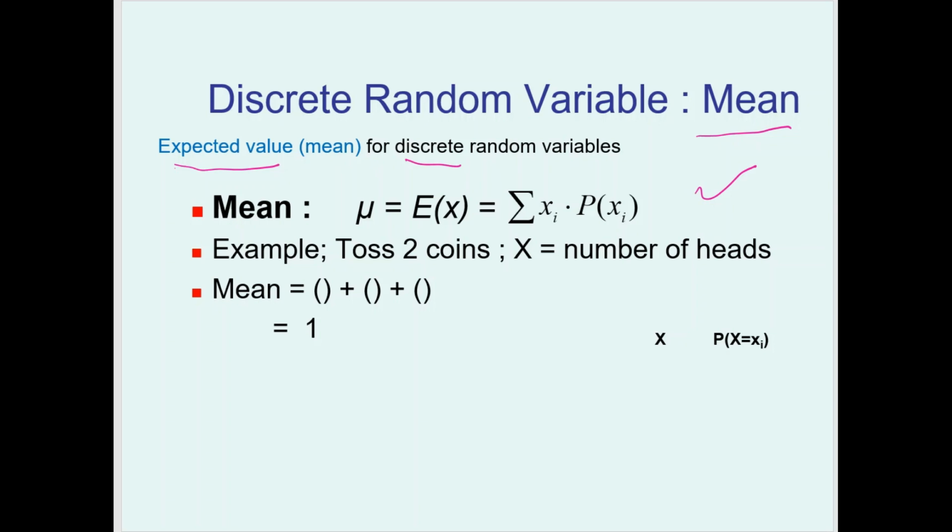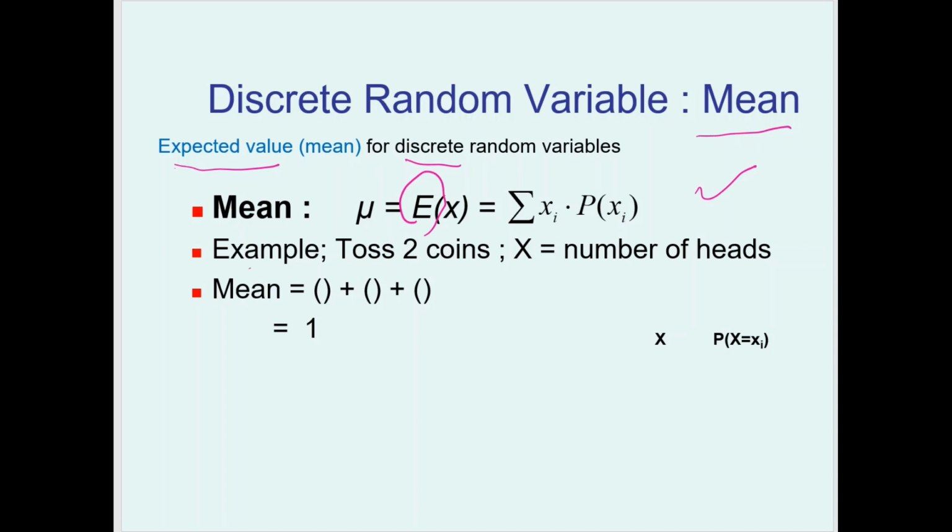Mu equals mean, equals E. E is for expectation. In the bracket x equals the formula of calculating mean, which is the sum of xi times the probability of the desired outcome of that experiment.